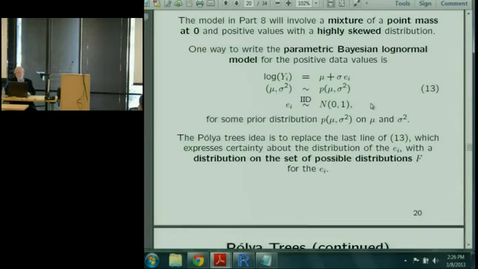So the Polya tree idea, which we could have solved also with the DP prior, a DP mixture model, where we mix over the uncertainty of the mu and the sigma squared, the Polya tree idea is to replace the last line of this set of equations, which expresses certainty about the distribution, namely that we know things are IID normal 0, 1 on the log scale. It replaces it with a distribution on the set of possible distributions for the errors. So just like the DP does, except a different way.